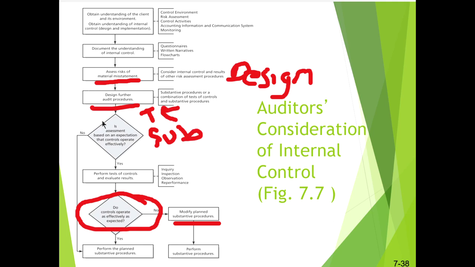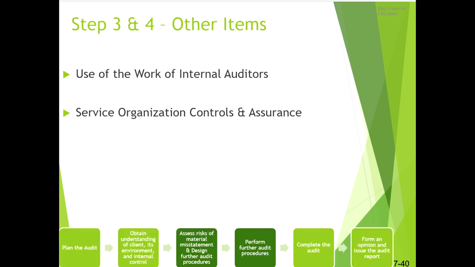So then we do the test of controls, and then based on the results, if everything is as we expected, then we just keep whatever we planned. But if not, then we have to modify relative to what we had planned up here. We have to modify those before we actually perform them. Okay, so it's showing you how we can get to a finalized set of substantive procedures based on the results of the control testing.